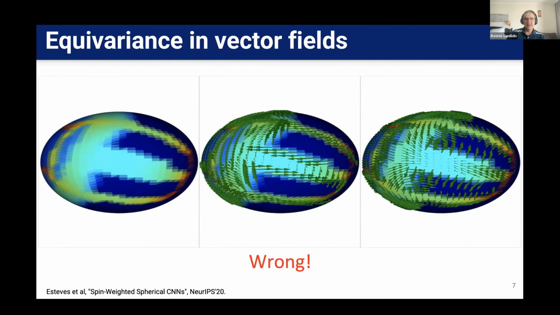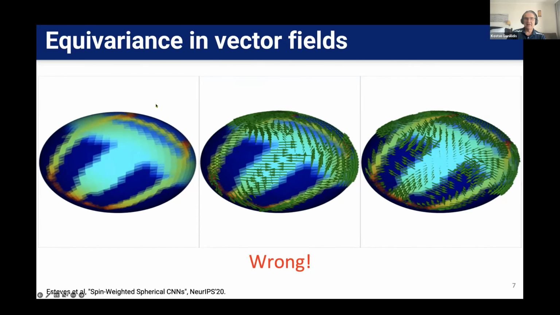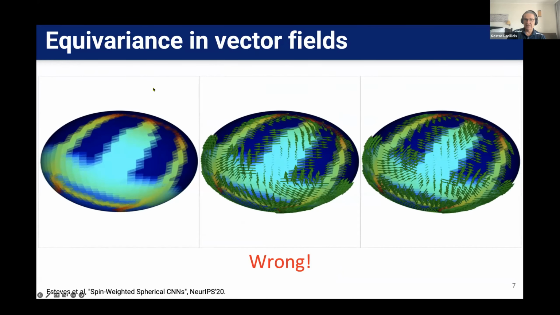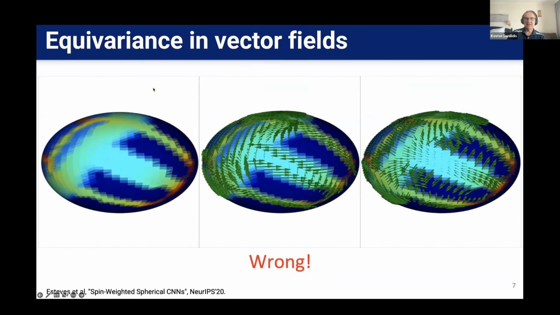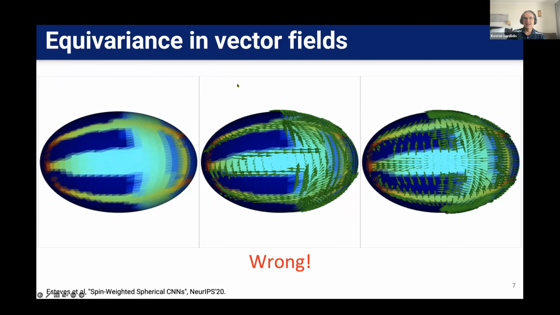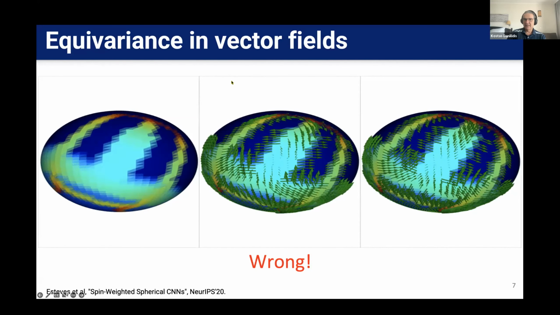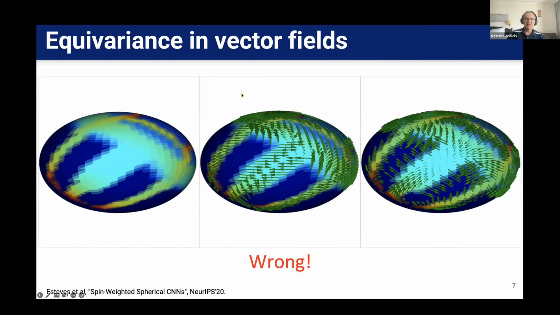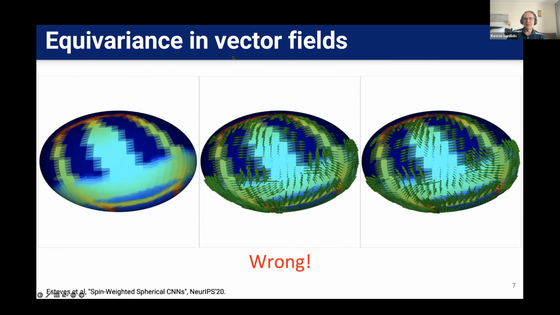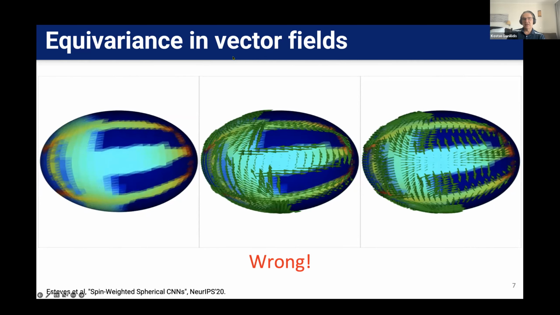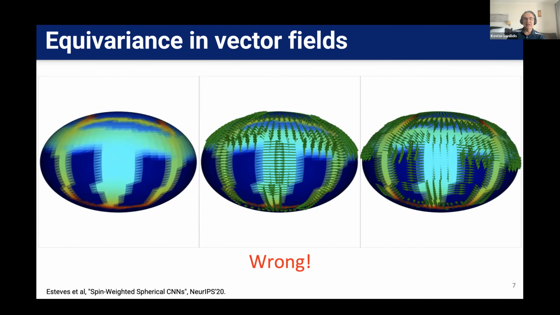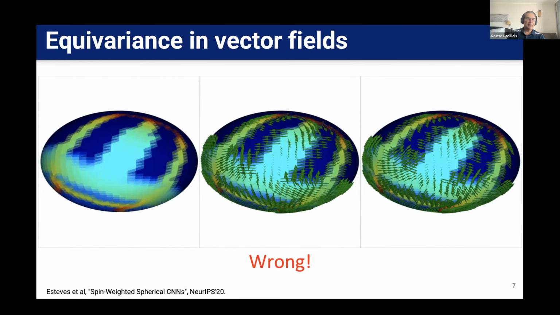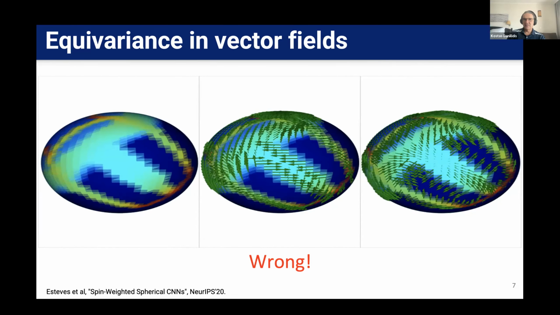Now, when the input is, for example, the value of the distance from the centroid plus the normal to the surface, as it is here, if we apply the traditional spherical convolution, then we see that the vectors are not rotating together with the scalar field. This prompted us, and this was originally work by Taco Cohen and Maurice Weiler, to address not only scalar fields, but also higher order fields.